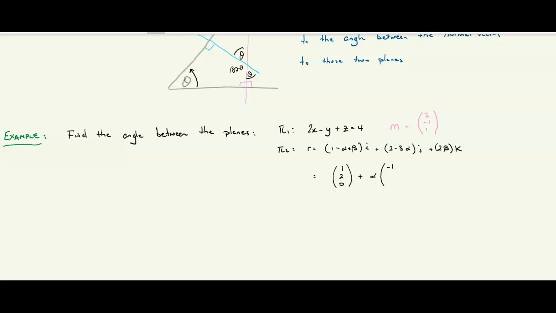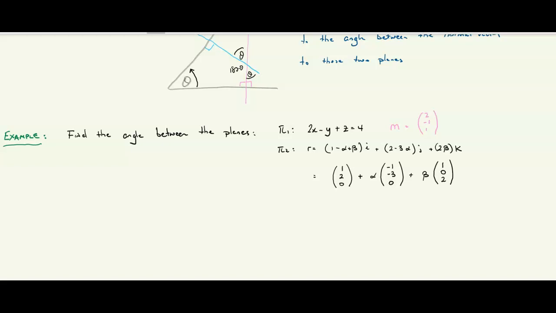So -1 alpha in the I direction, -3 alpha in the J direction, and in the K direction I've got no alpha, so -1, -3, 0. Then in the beta direction I've got another vector that's heading off as 1. I'm now just looking at my beta coefficients. I don't have a beta coefficient in here, so that's 0, and 2 in the K direction.